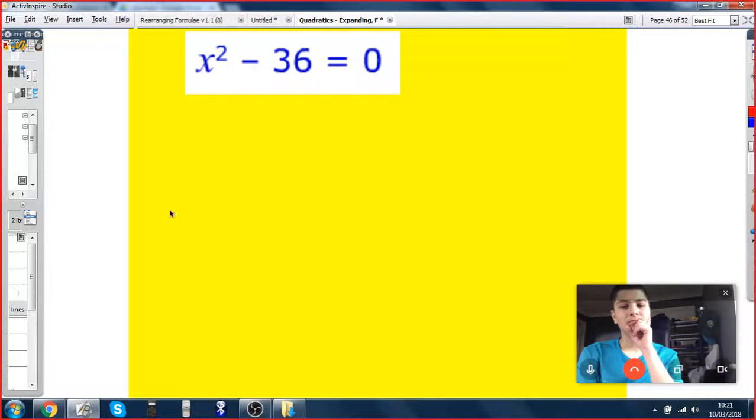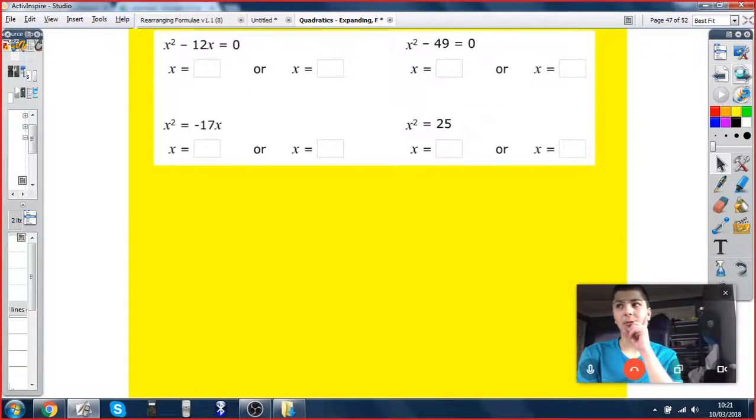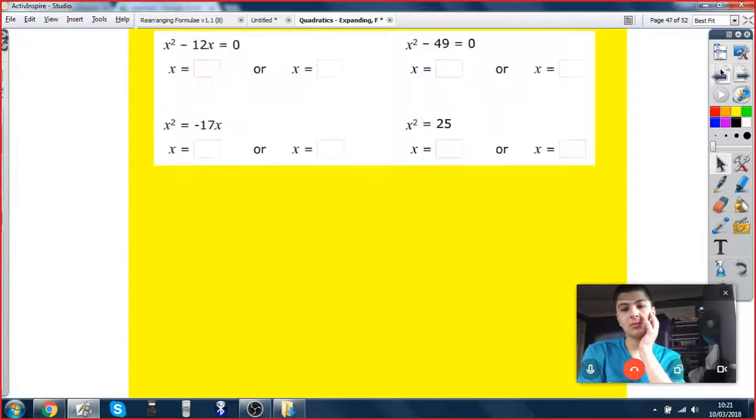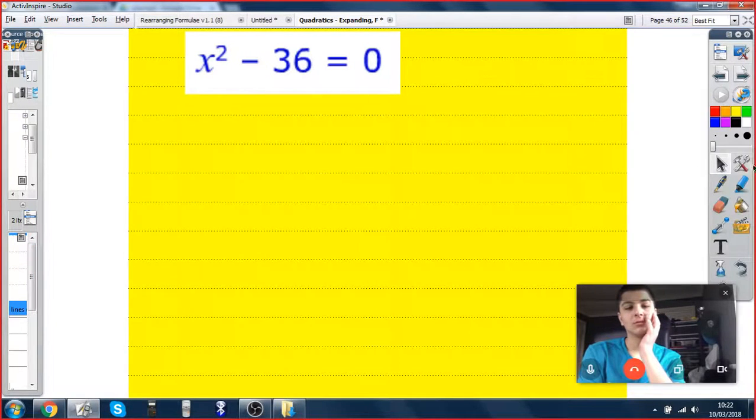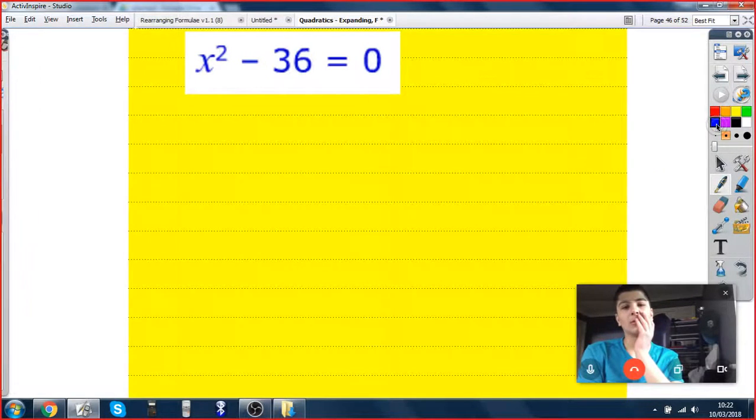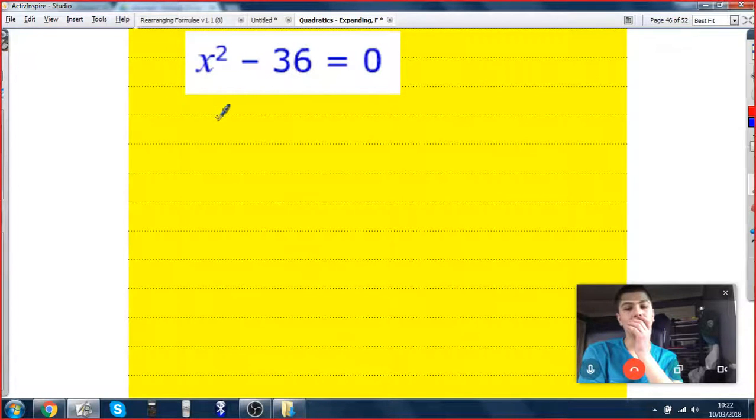Let's look at the exam questions there. What would this one be? Would it be x and x minus 36, so x outside the bracket and x inside the bracket?